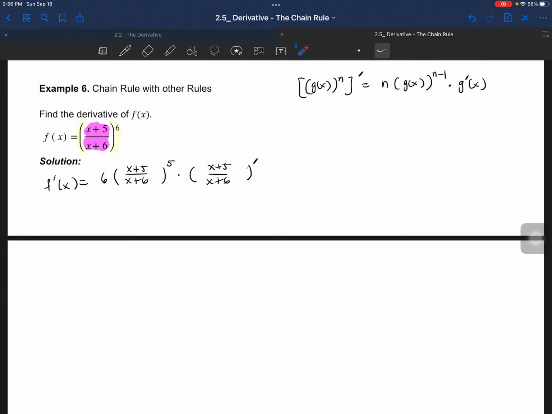We promised to do the derivative of this in the next step. That itself requires us to think about which rule we need. Because we have a function over a function, we need the quotient rule.